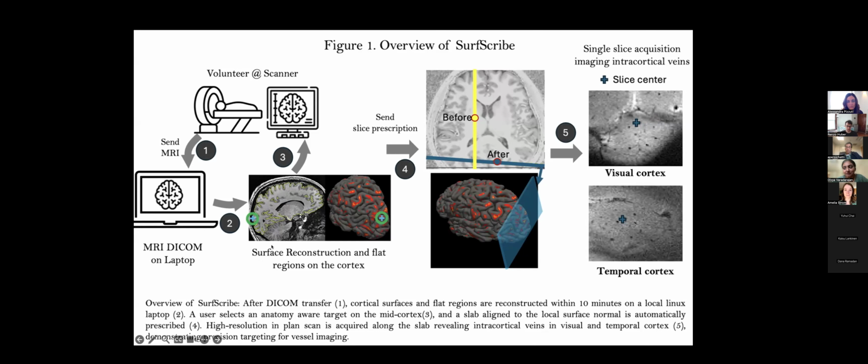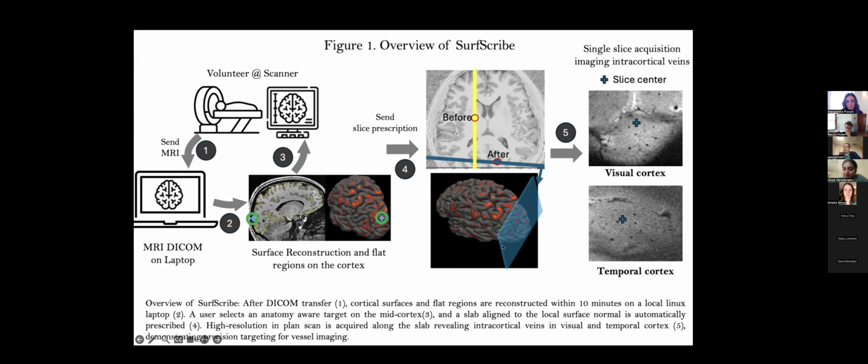So this is all done in a very automated fashion, and it doesn't necessarily require anything beyond figuring out, okay, we want to put it here after looking at the surfaces. You can see an example here: the initial surface was just here, and once we run this and select the slice in the visual cortex, the profile changes and we have the slice placed right at the visual cortex.